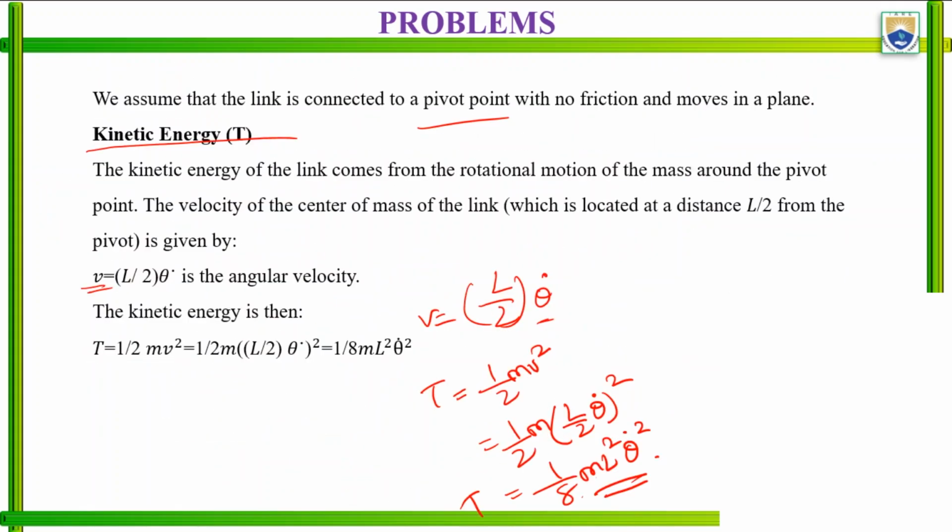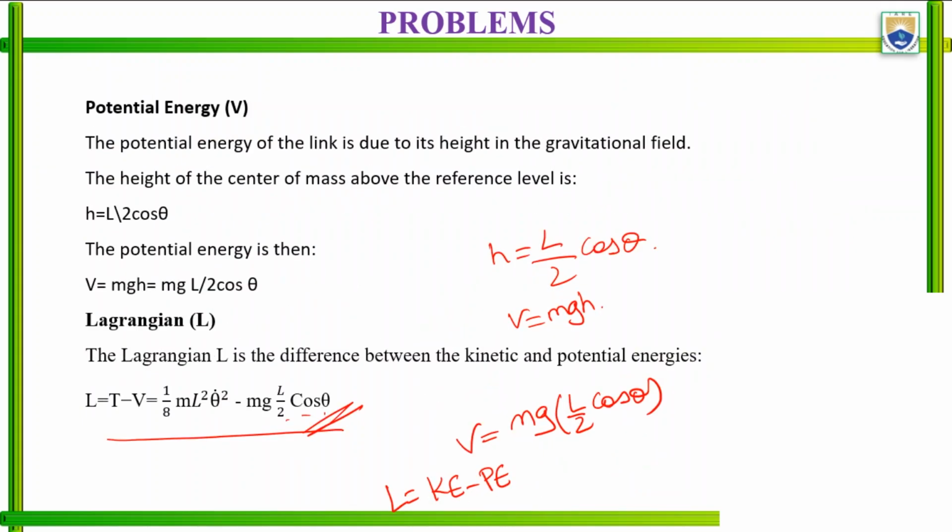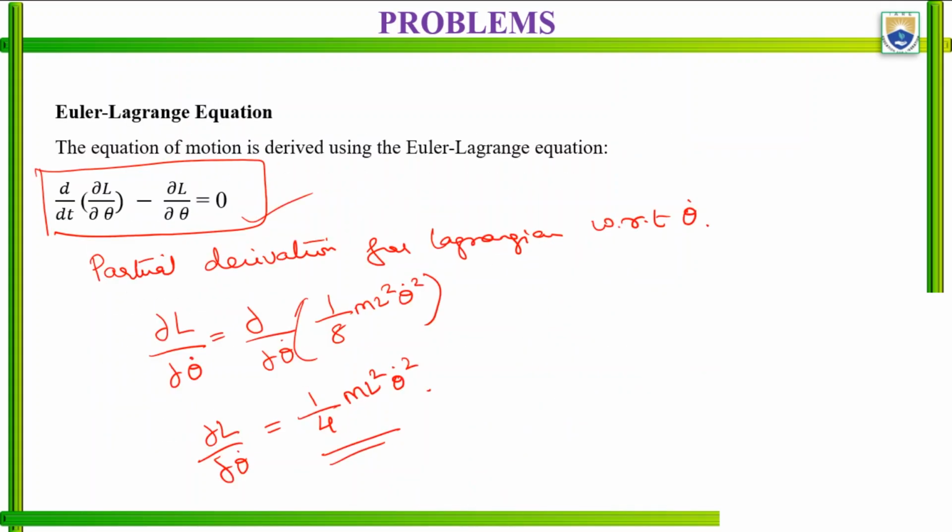That is, first we need to find out the kinetic energy, then the potential energy, and then write down the Lagrangian, that is the difference between the kinetic energy and the potential energy. Then with the help of the Euler-Lagrange equation, with the partial derivation of the Lagrangian with respect to theta dot, we will be getting equation number 1.